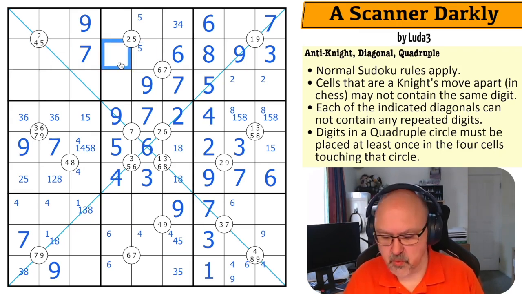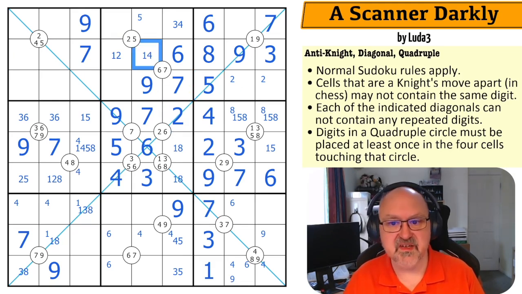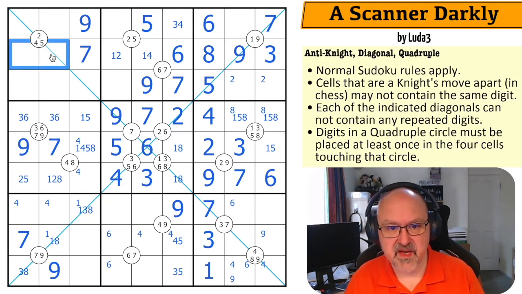So this is just 1 or 2 because it sees 4 and 5. This is 1, 4, 5 because it sees a 2. Oh, it also sees a 5. So this is just, oh, this sees a 5. So the 5 has to be here. Does that do anything? 5 is now in one of those two.